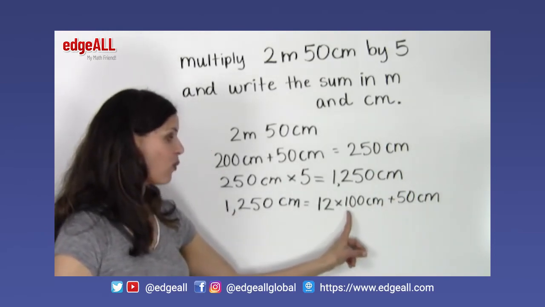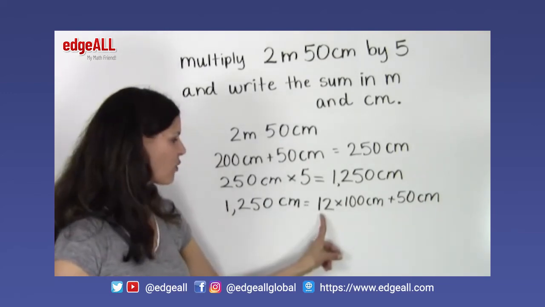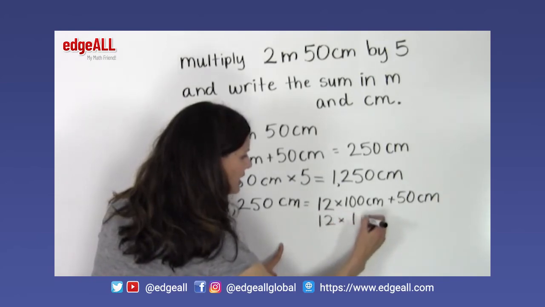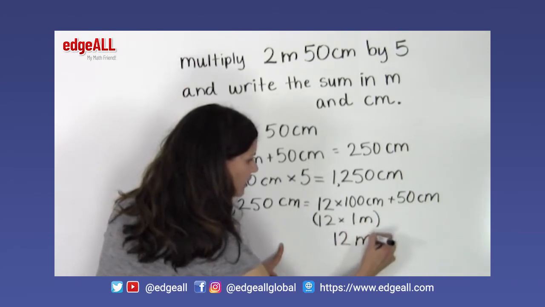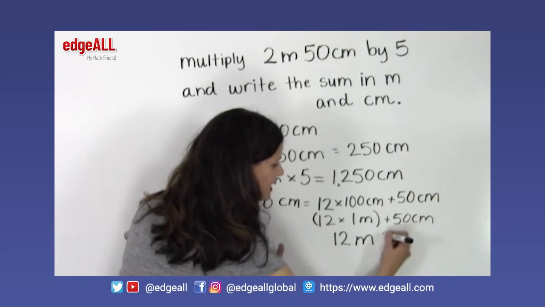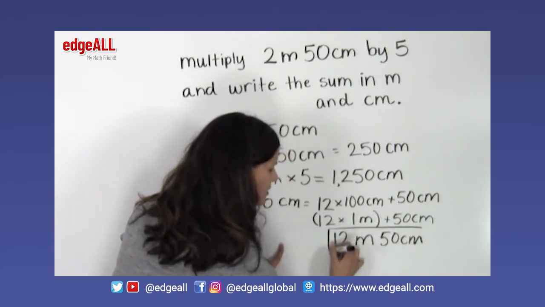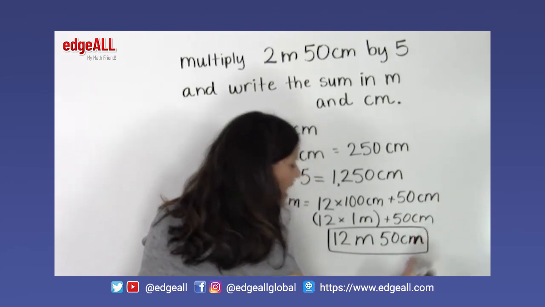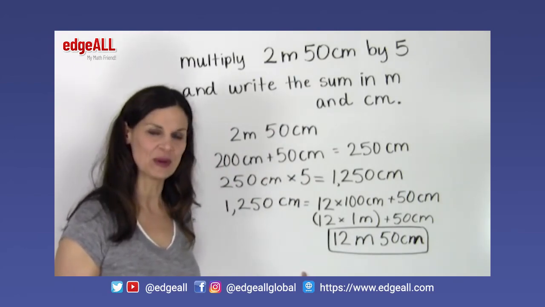We know that 100 centimeters equals a meter, and so what I have here is 12 times 1 meter, which is 12 meters, plus my 50 centimeters. So you can see that using this approach, we came up with the same answer as we did when we did the other approach.